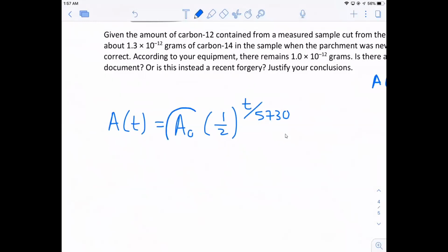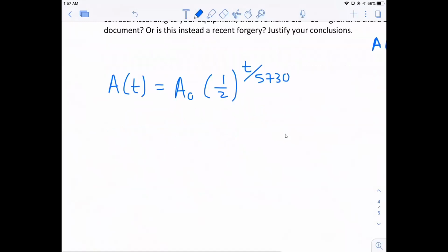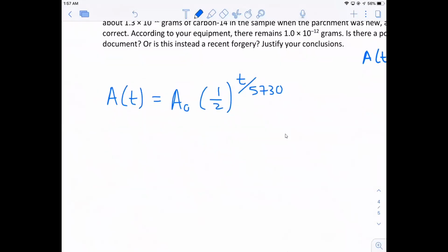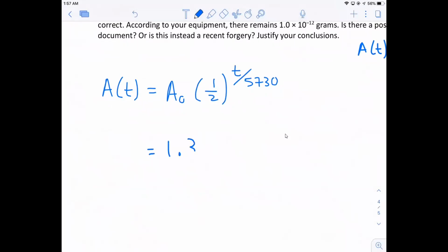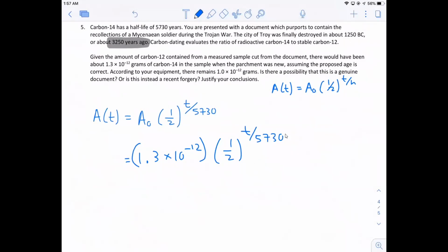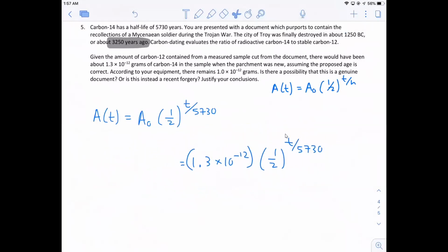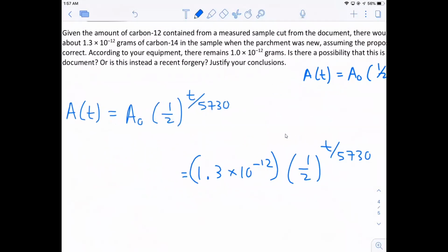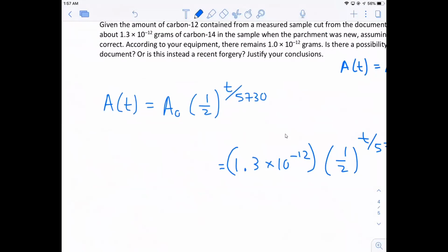So that's going to be the initial amount of carbon in this parchment. 1.3 times 10 to the negative 12, put that in parentheses, times 1/2 to the t/5730. And according to your equipment, there remains that many grams. So that's the amount of grams that remain today: 1.0 times 10 to the negative 12.